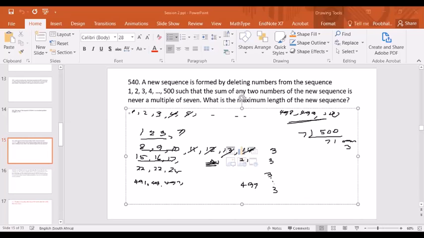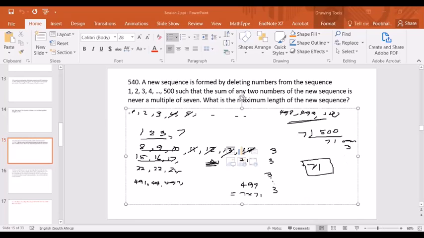So all the way from 7 times 1 to 7 times 71. So there are 71 rows here, starting from 7, 14, 21, going all the way to 497.